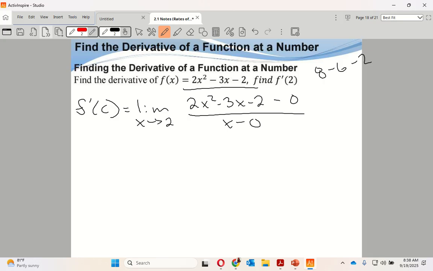So I wrote it down there so we could see what the x minus c is. Oh, it's not x minus 0, it's x minus 2. I'm sorry. There we go.